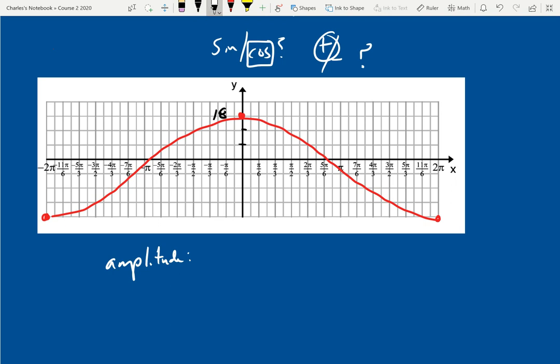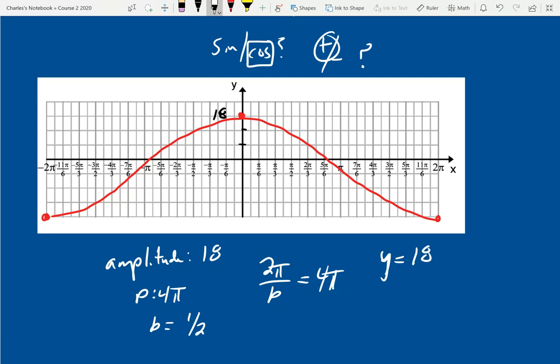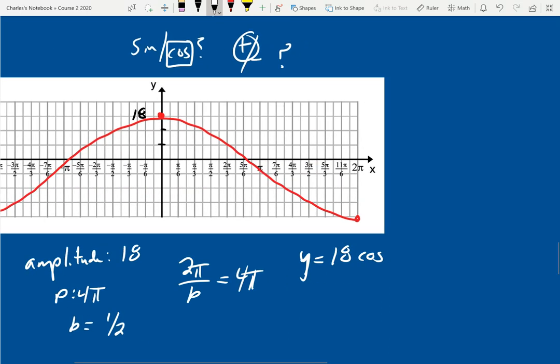Its amplitude is 18, and its period, well, this looks like the one that we did before. Its period is 4 pi. So what's its B value? 2 pi over B is equal to 4 pi, which means B is 1/2. So now if I'm writing this, this is going to be y is equal to 18 cosine of 1/2 x.